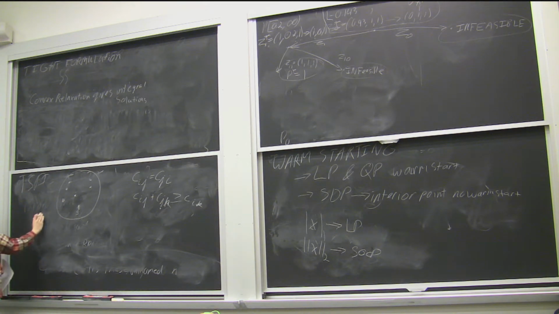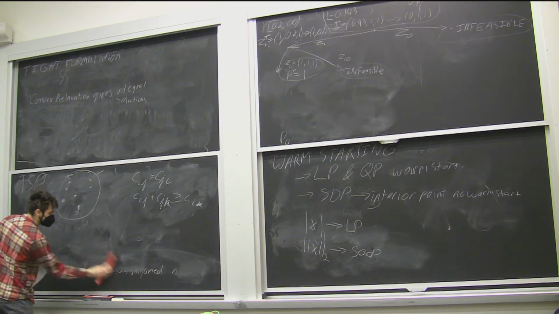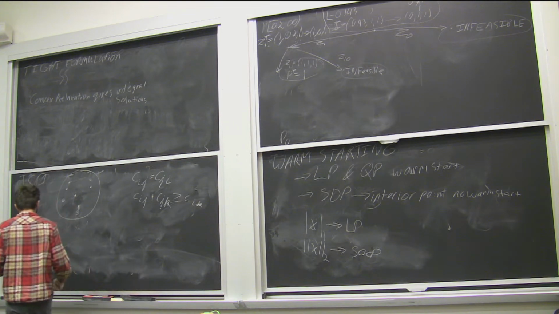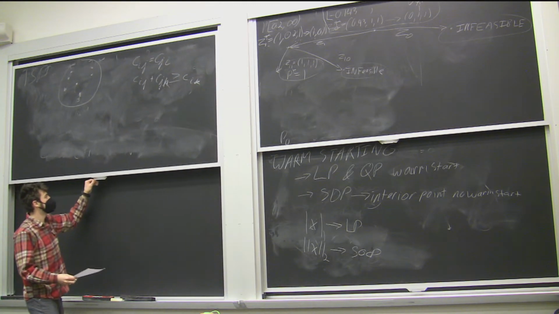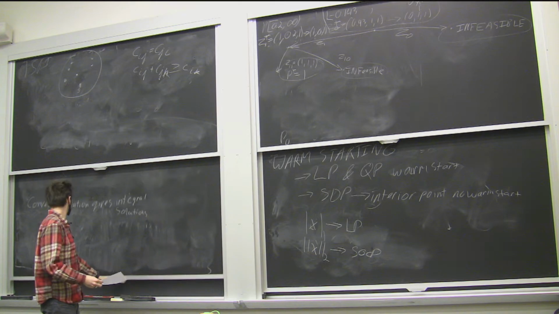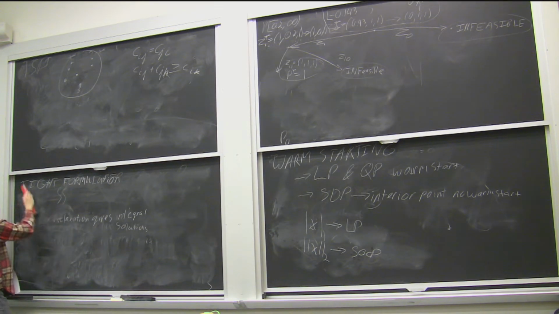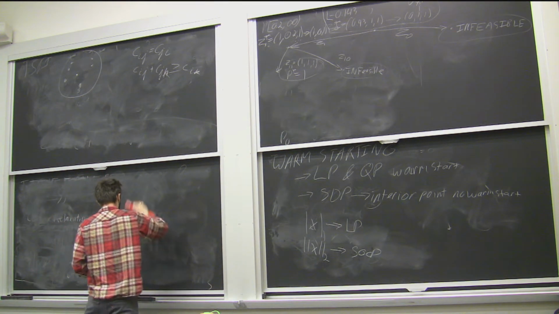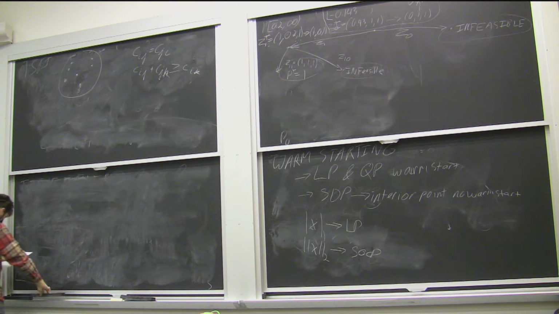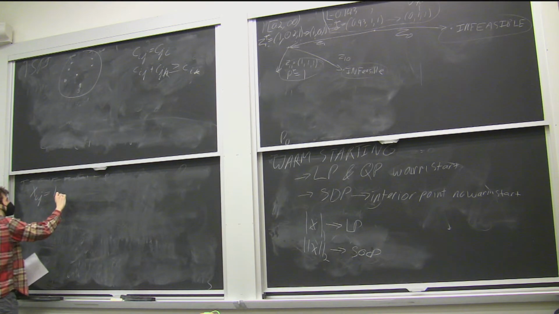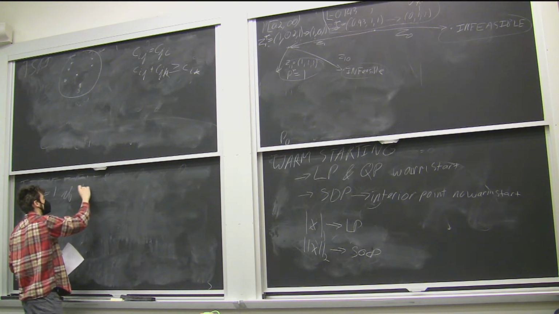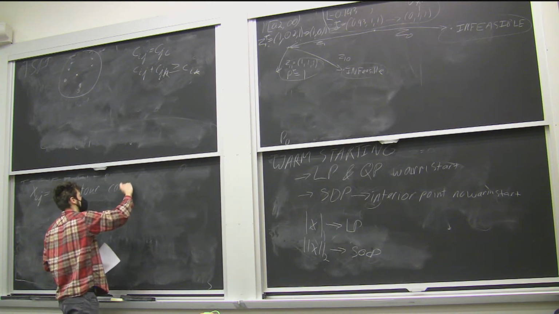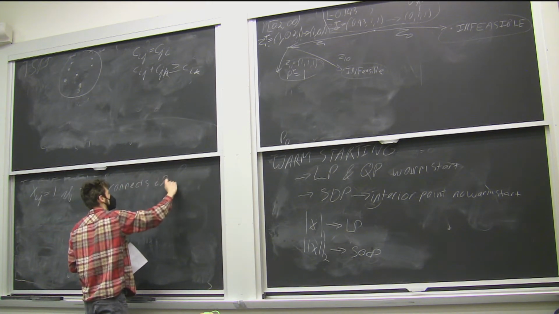Okay, so what we're going to do is we're going to introduce the binary xij equals 1 if the path I'm going to take, which we're going to call tour, connects i and j.